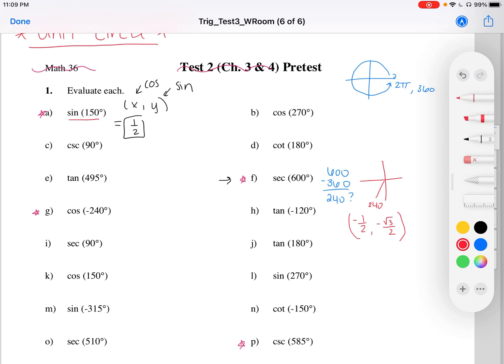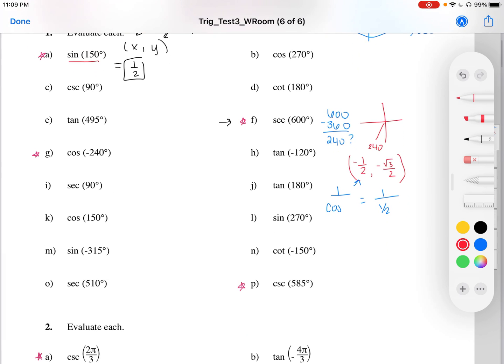Now secant is 1 over cosine. So if we have cosine, we have to figure out 1 divided by negative 1/2. And that just gives us 2. So my answer is, well, that was negative 1/2. Our answer is negative 2.